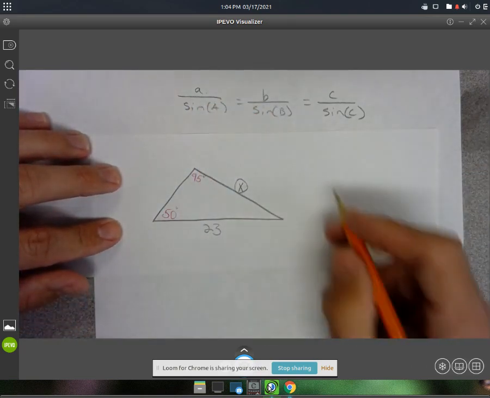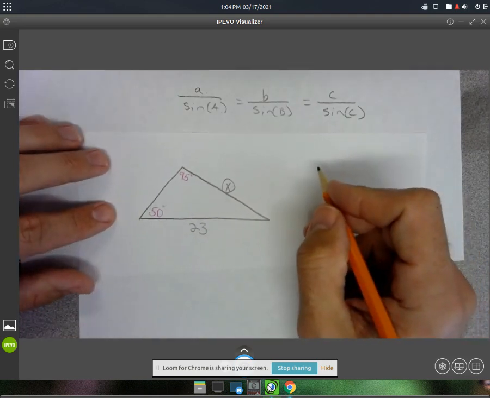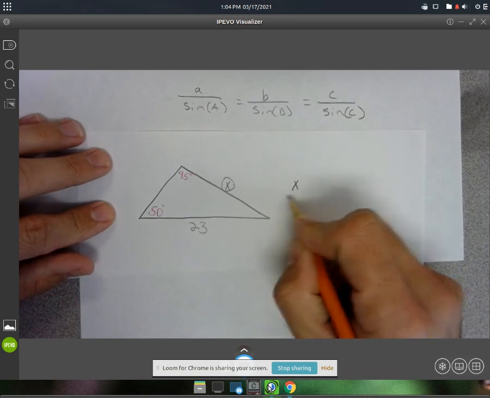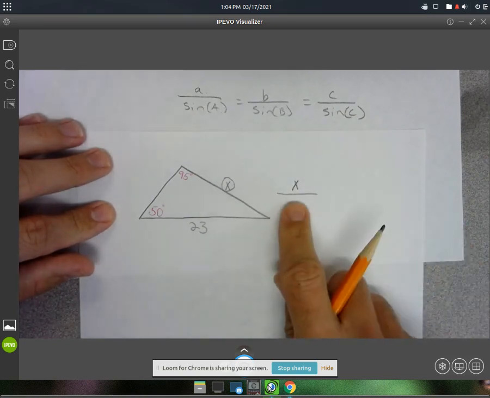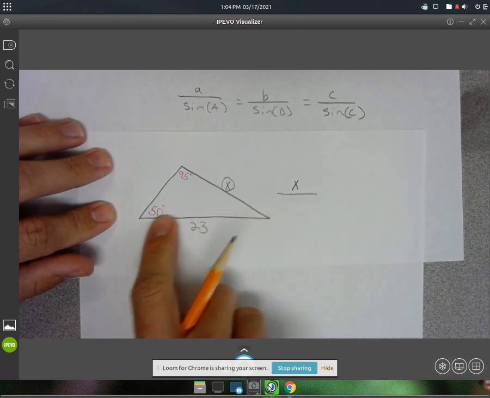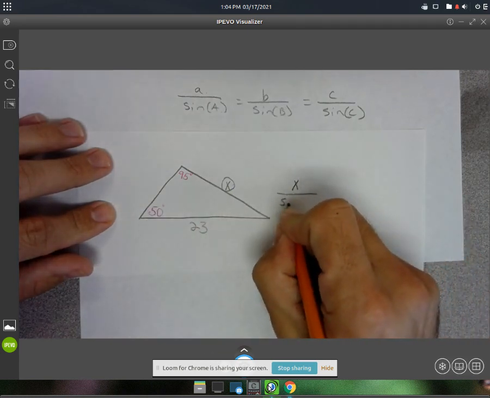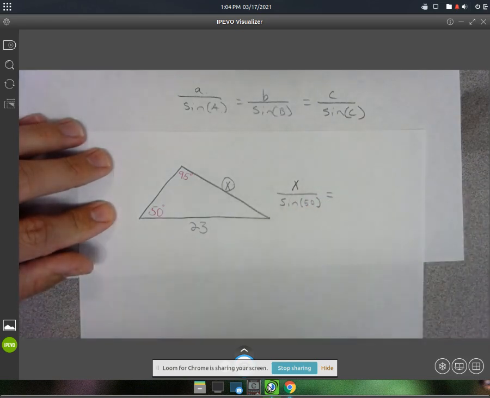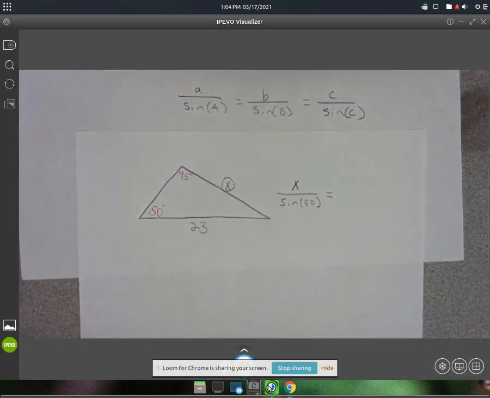My setup for solving this is going to be x over, and the part it's over is going to be the sine of the angle that's across from it. So x over sine of 50. And that's going to be equal to the same setup for two pieces that I actually know, an angle and a side length that's opposite it.